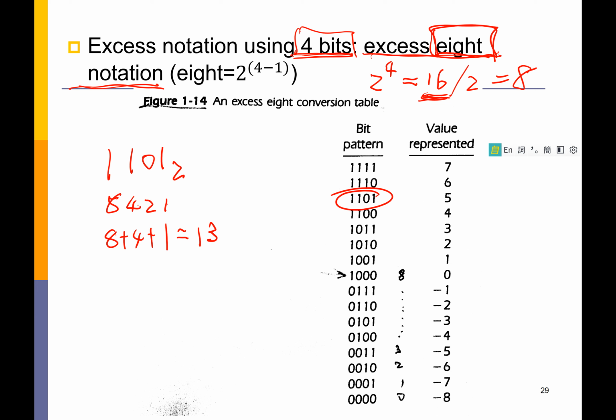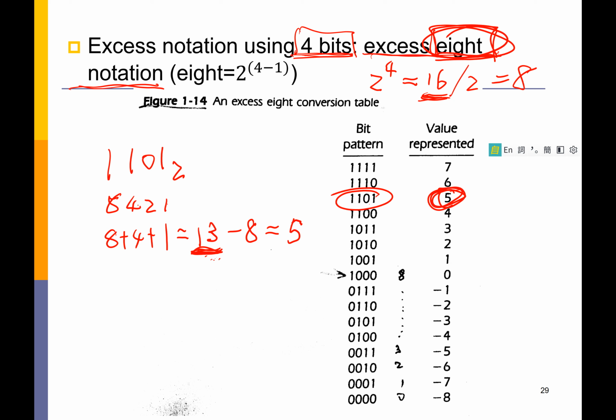And because it's SS8, it is more than 8, so we subtract by 8. We get 5. So 1101 represents the integer number 5.